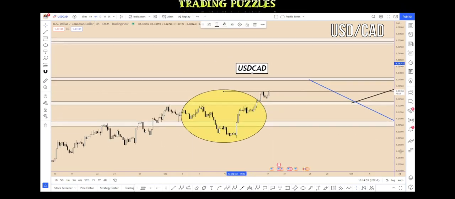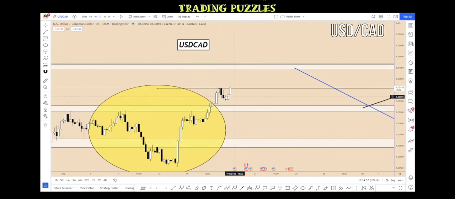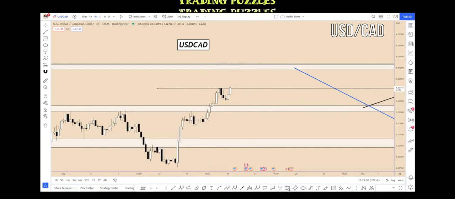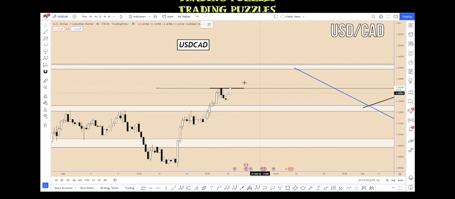On the 4-hour chart, we can see that price is breaking the structure, so it looks very interesting overall, this breakout from the structure. We have to be careful because we can never know the volume.